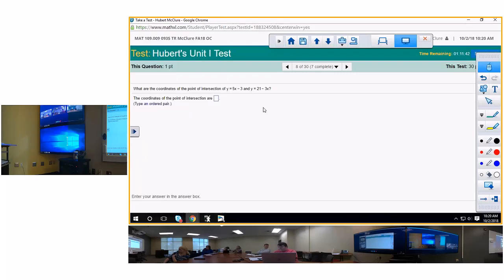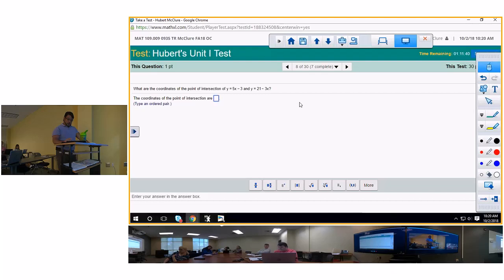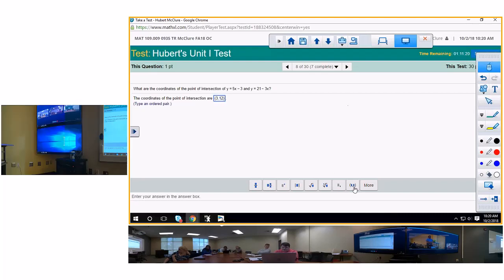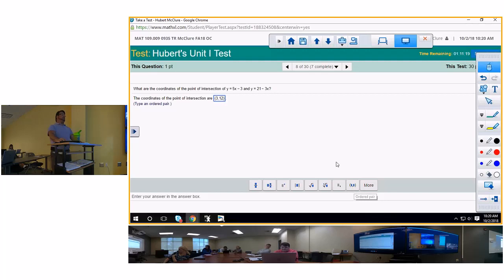Is that what y'all got? 3, 12, and you might have to put parentheses. Hit this little button down here. Now type in 3, 12. Make sure you do that because I don't want to have to change 15 different grades because you didn't hit this button down here or put parentheses around it. Probably mark it wrong.